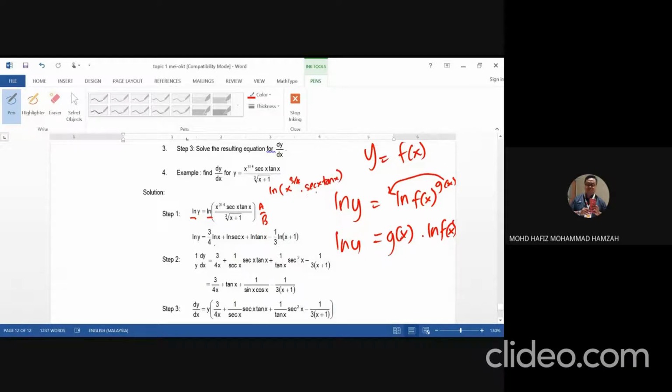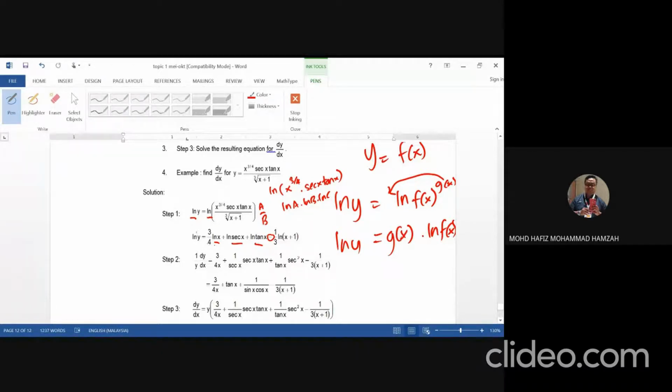So bila darab ni kita boleh tulis dia sebagai ln A darab ln B darab ln C. So that's why kita ada 3 ni. Ini 3/4 dia bawa ke depan, ln A, ln B, ln C, and then minus here. This one. Punca kuasa 3 adalah kuasa 1/3 kan. So it will give you this one. So they separate each part one by one.